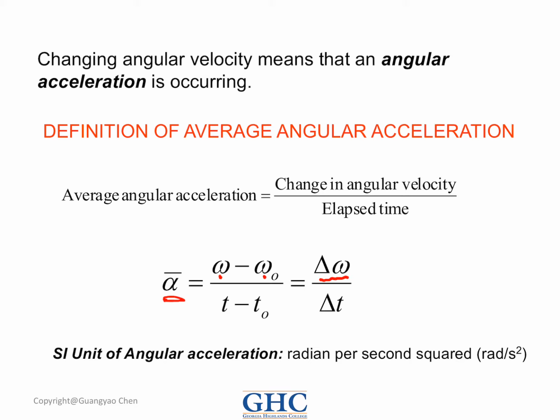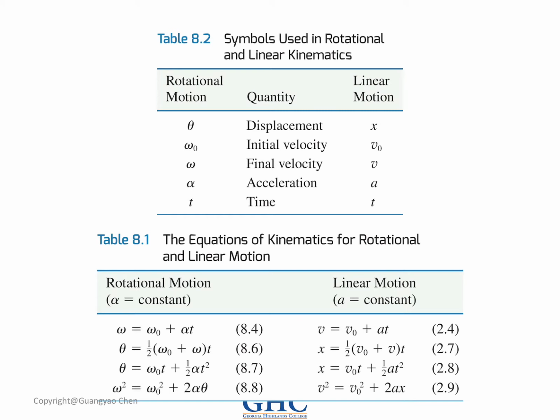Its unit is radian per second squared. If you recall, we define acceleration to be change of velocity over time it takes. So you can see there is a one-to-one correspondence between linear motion and rotational motion.